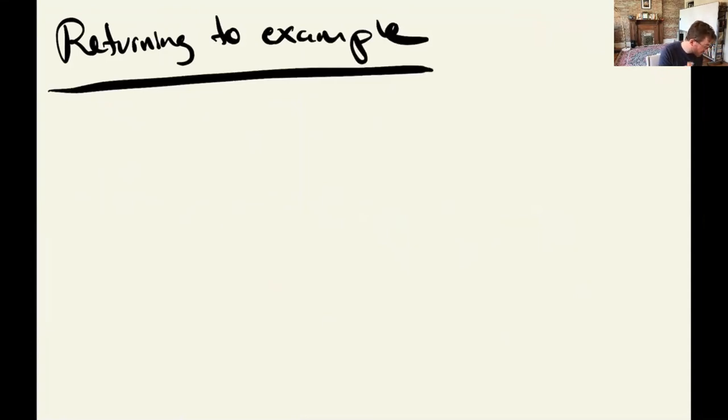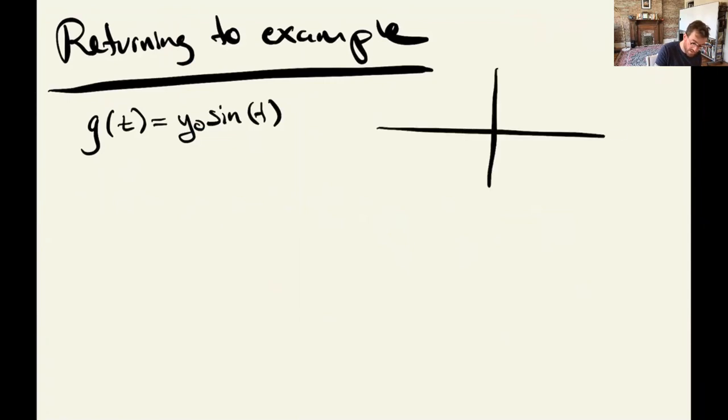So now I want to just apply it. So one way to think about it, so we know that g of t is equal to y0 sine of t. Let's just go ahead and graph what this function looks like. And we know that we're looking at t supported from minus pi over 2 to pi over 2.